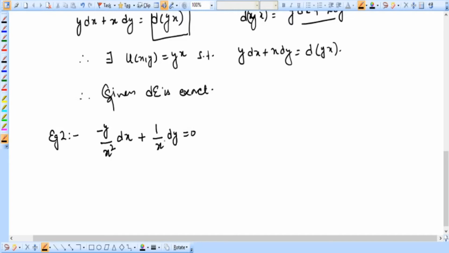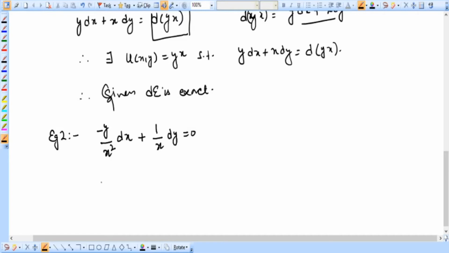See here, what is M here? M is minus y over x square and N is 1 over x. Now we want to find a u such that M dx plus N dy would be equal to the differential of that u.